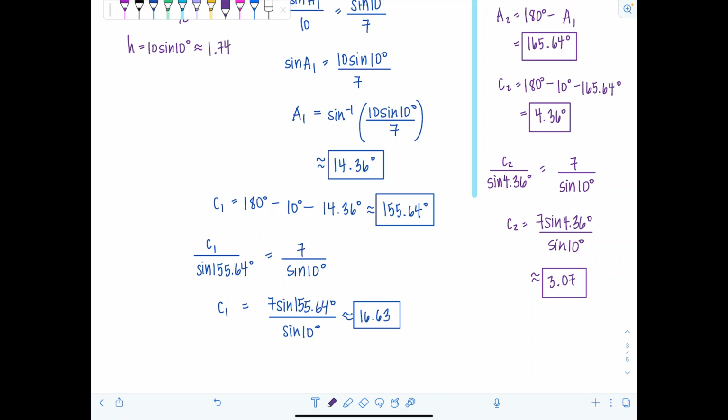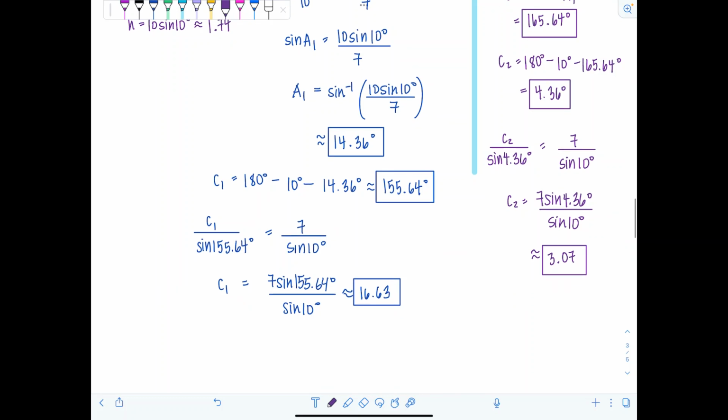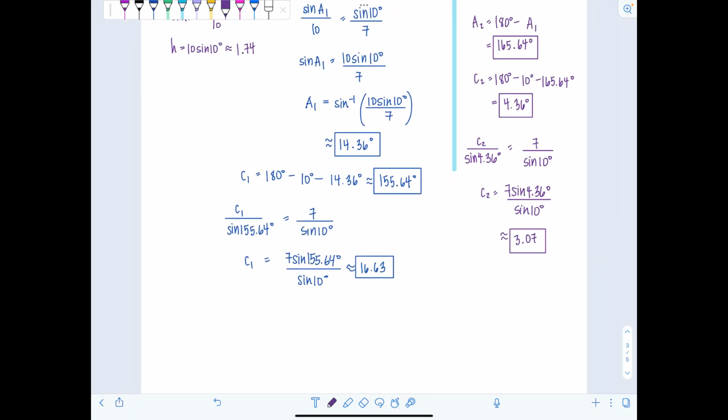All right, and then what you ought to do is list all your solutions nicely for your instructor. So don't make them go on a scavenger hunt. A1 is 14.36 degrees. Angle C1, 155.64 degrees. Side C1, 16.63.